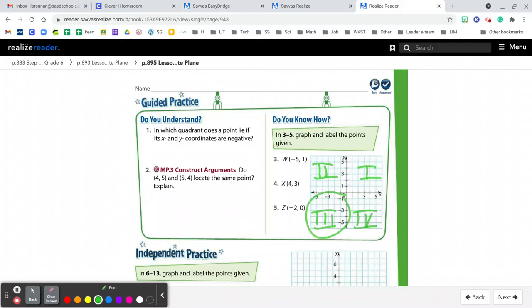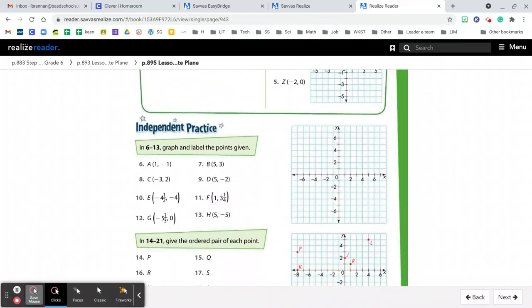So we'll say that's quadrant 3. Do 4, 5 and 5, 4 have the same point? No. And we know that because of our unit on coordinate grid, because 4, 5 is 4 on the x-axis, 5 on the y-axis, and 5, 4 is 5 on the x-axis, 4 on the y-axis.